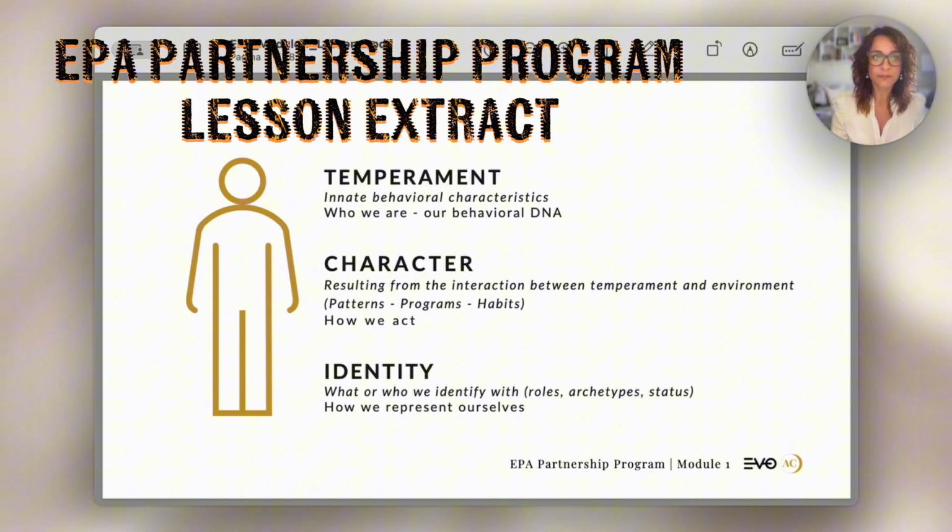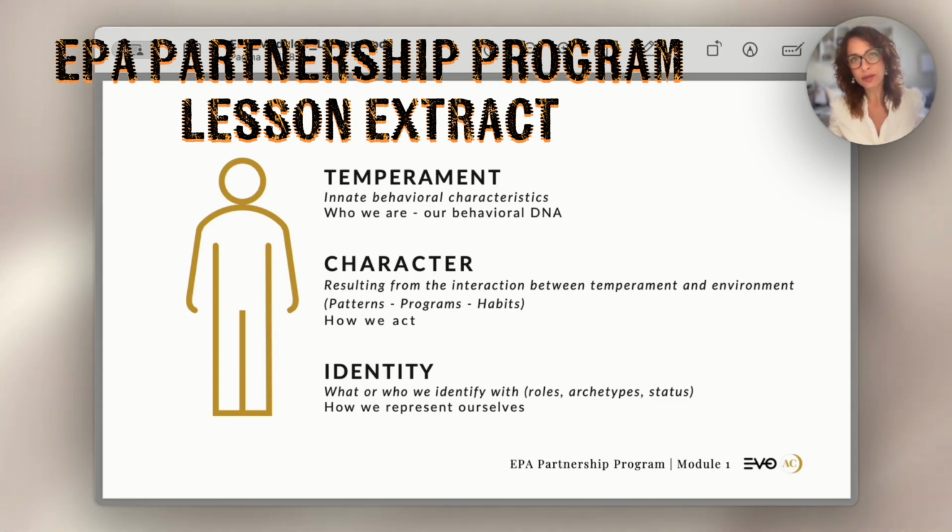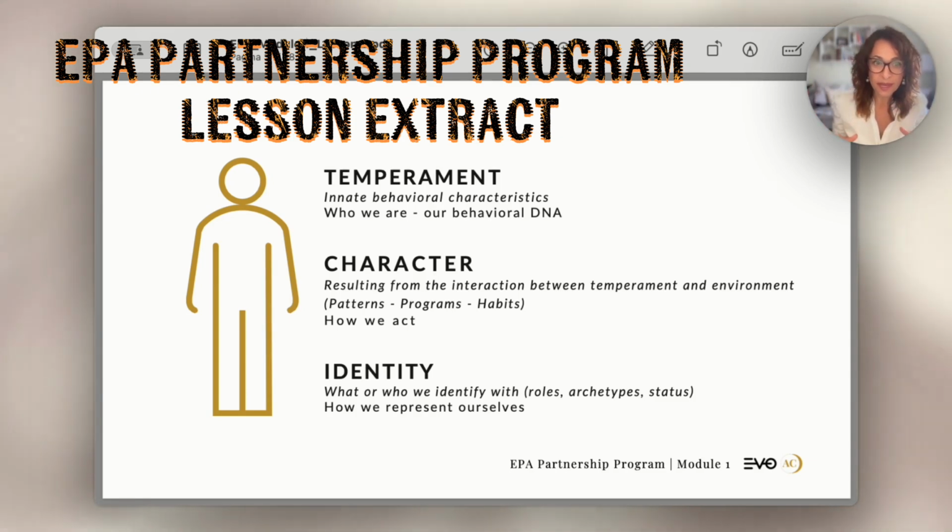Then there is the character. The character is a result of how that temperament interacts with our environment. So this is where the patterns, the programs, the habits form and consolidate. And it is how we actually show up in the world. Then there is identity. And identity is the third layer, and it's the layer of things that we identify with.